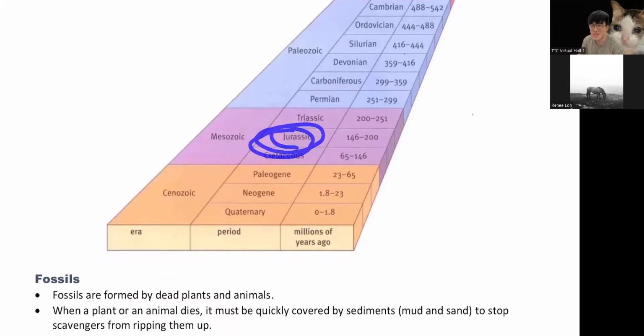I'm sure you recognize this. Have you seen Jurassic? This is the most common era. Everyone is like, oh, dinosaur. But you have to see which kind of dinosaur.